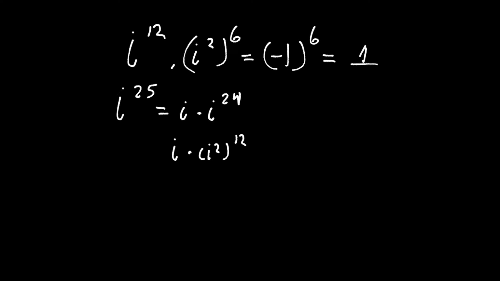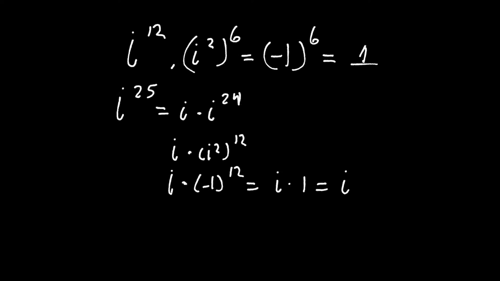So what do we have here? This is going to be i times -1 to the 12th. -1 to the 12th is a positive 1. So I really just have i times 1, which is i. And that's how we can figure out any power of i.